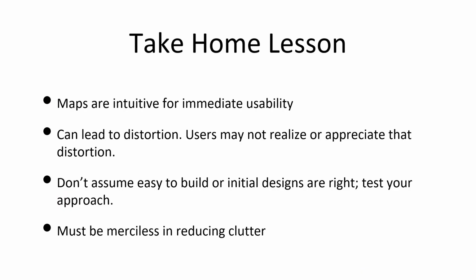All right. So our take-home lesson for right now is that although maps are intuitive, they can lead to distortions, like a choropleth map, which is when you color a particular region based off of one data point. That leads to distortion because a big giant red area might seem more impactful than a small little red area, despite the fact that the population in the giant area might be smaller than in the small area.